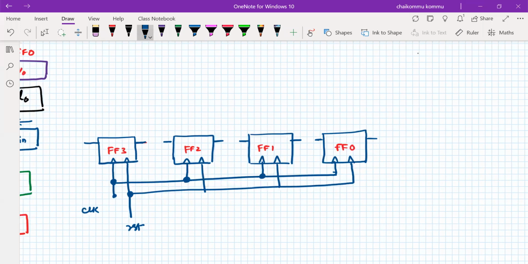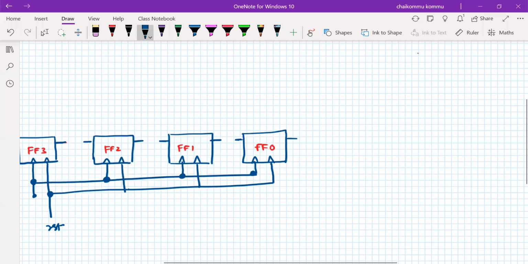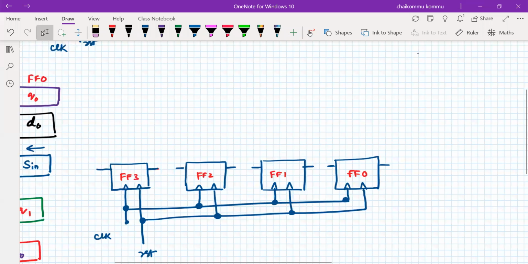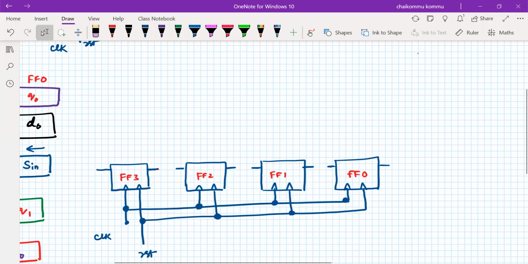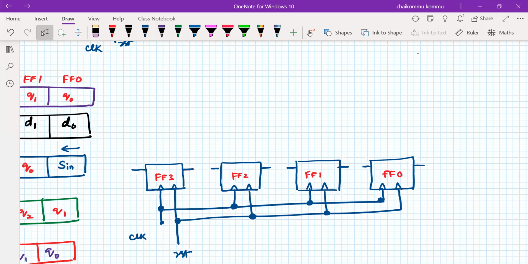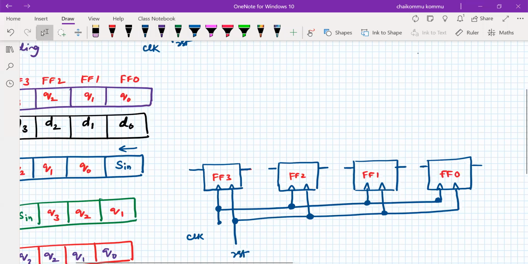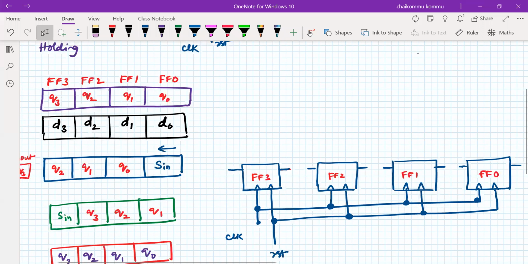Okay, so now we have to assign the D input signal differently. So what is the D signal? Actually, the input of the flip-flop will be assigned one time directly by the D signal, one time by the SIN signal, another time by the Q signal, other time by the Q naught signal.